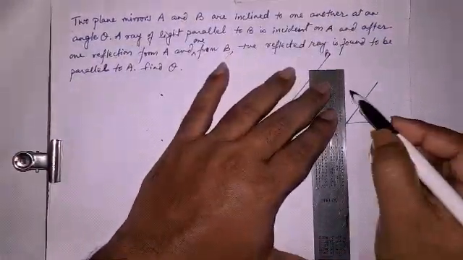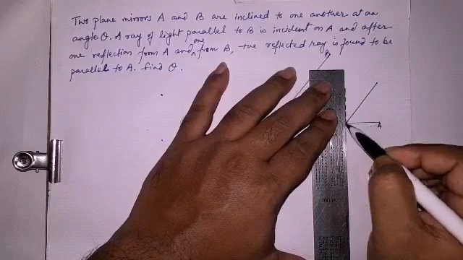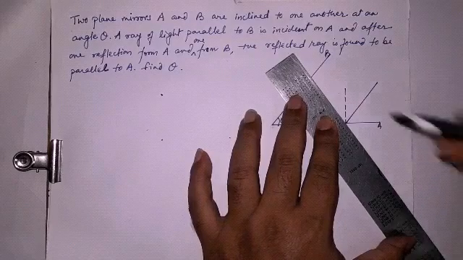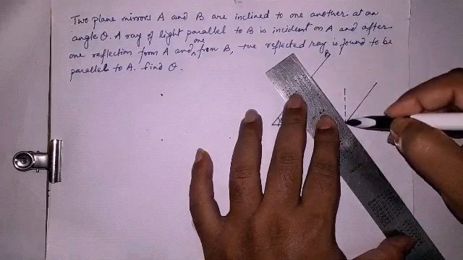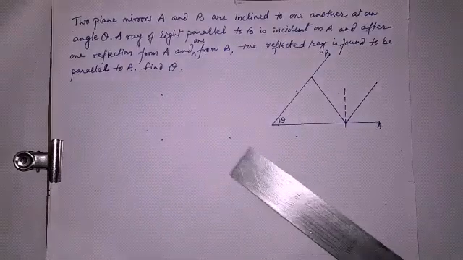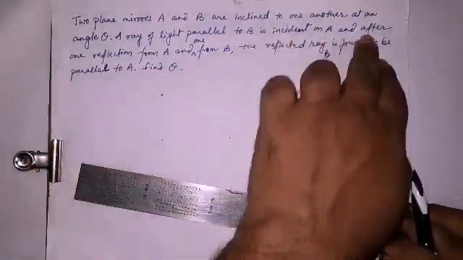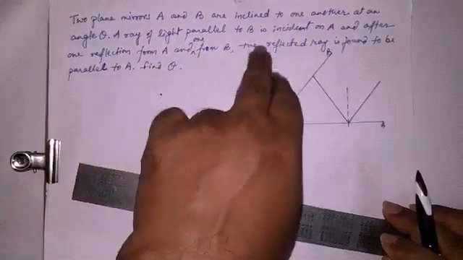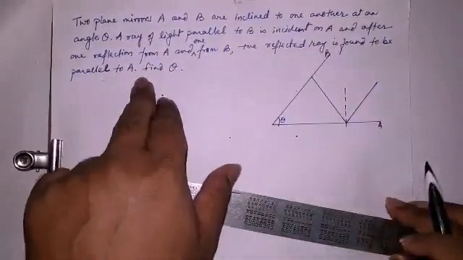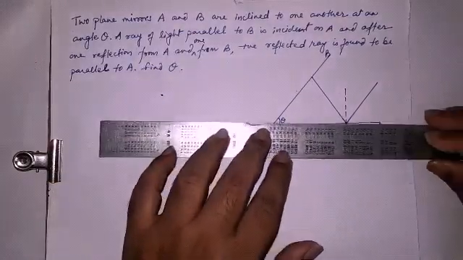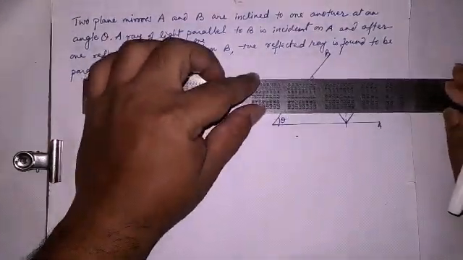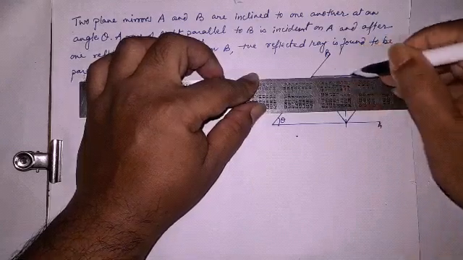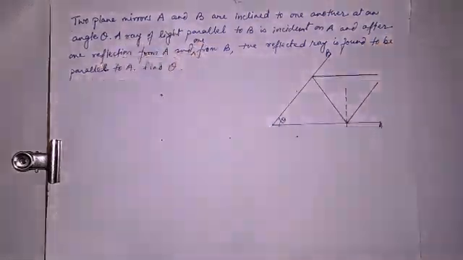Let this be the normal drawn. So definitely it is going to hit back at the same angle to the other mirror. After reflection from A and one from B, the reflected ray is found to be parallel to A. That means after reflecting from mirror A, it is going back parallel to A.